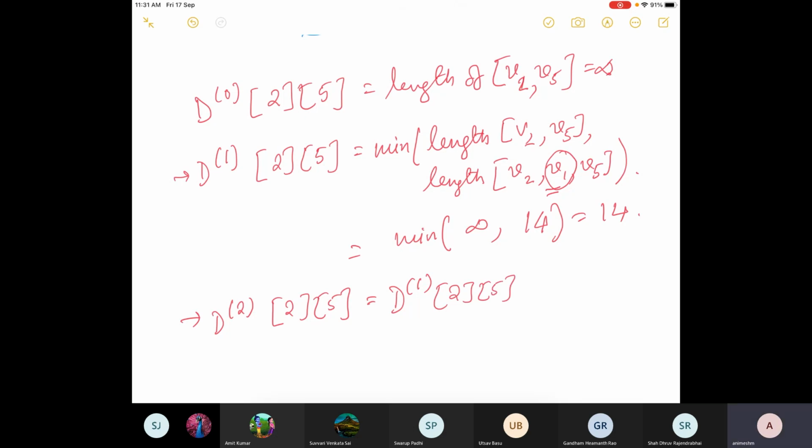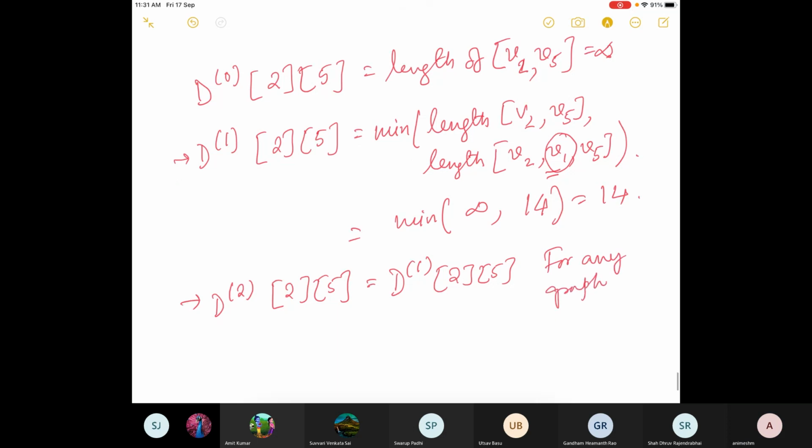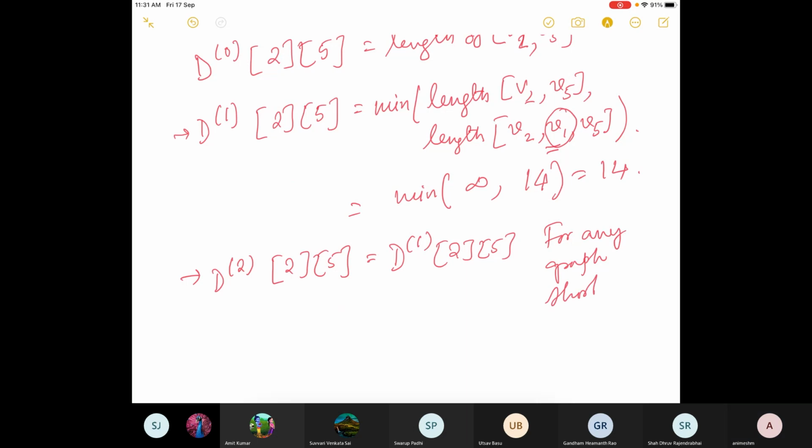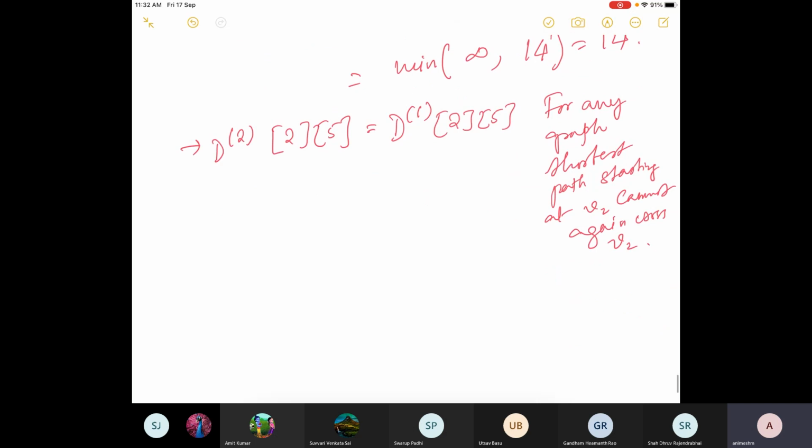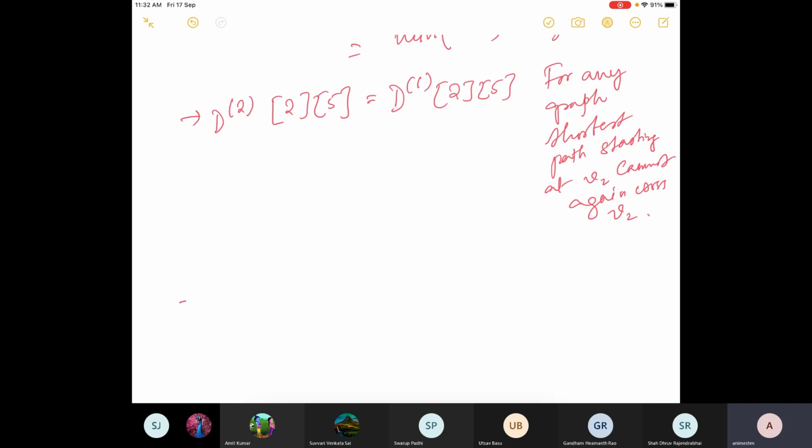Because for any graph, the shortest path starting at V2 cannot again cross V2, right? So therefore, D2 25 is exactly equal to D1 25.